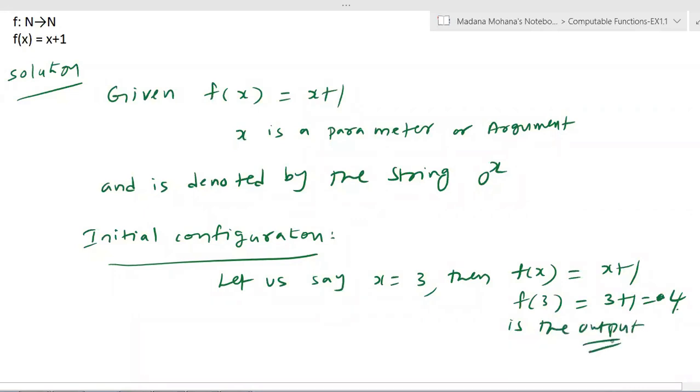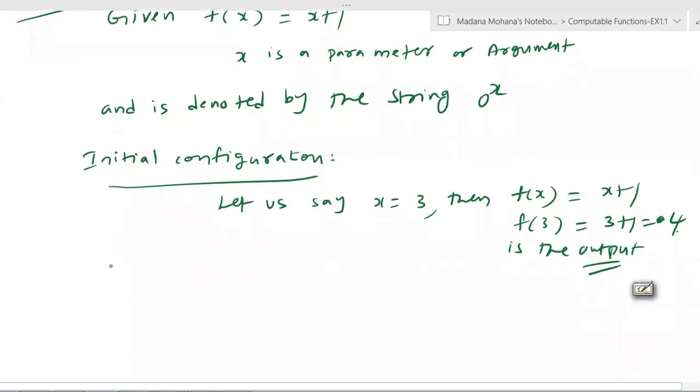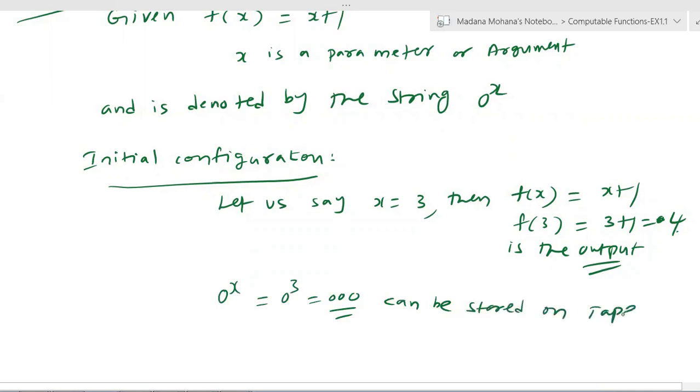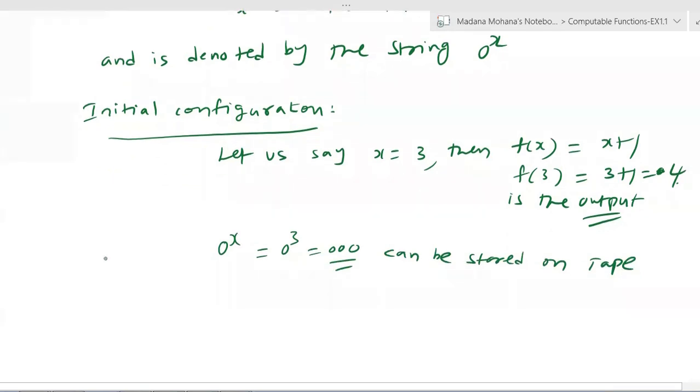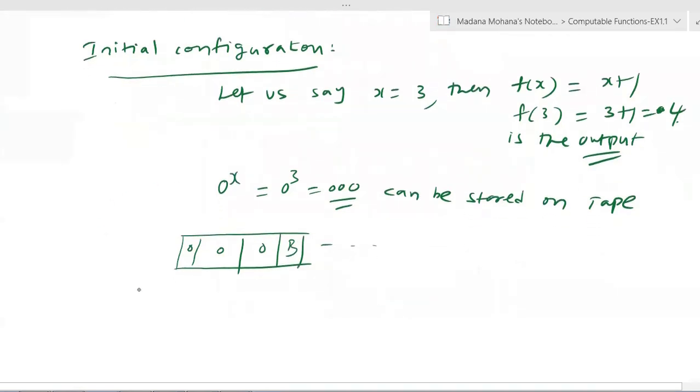So this will be finally on the Turing tape. In the initial configuration you can represent 0 power x equal to 0 power 3, equal to 3 zeros, stored on the tape. So this is the initial configuration: the tape consisting of 3 zeros followed by blanks.